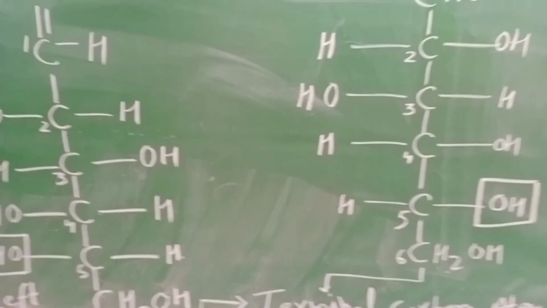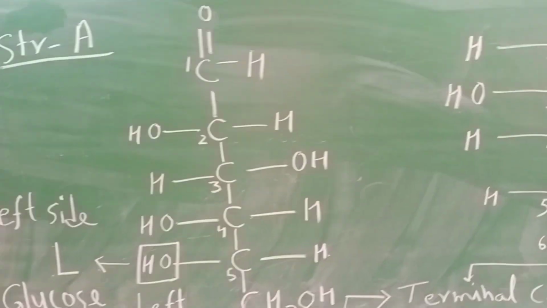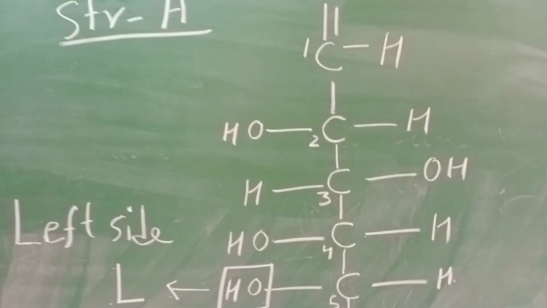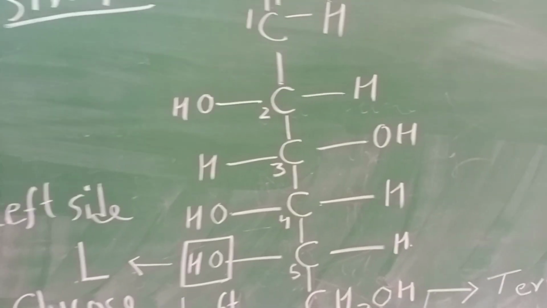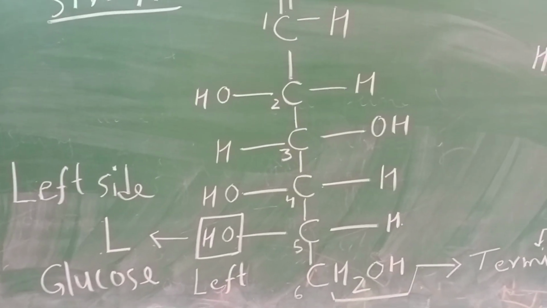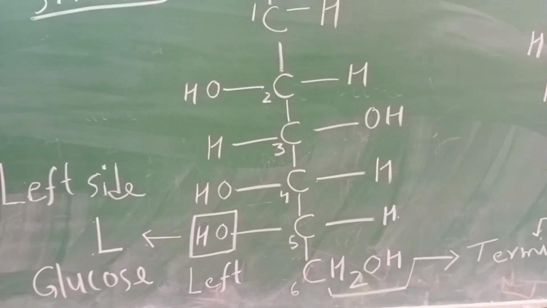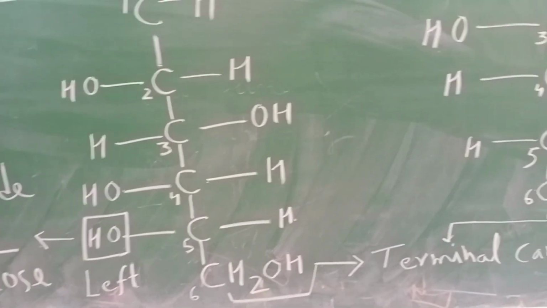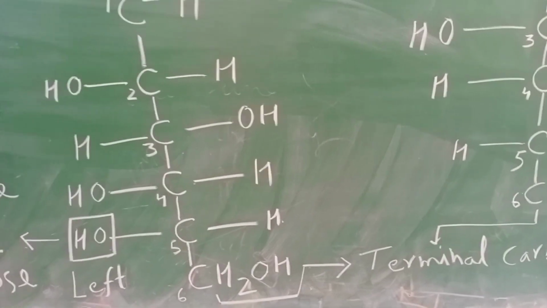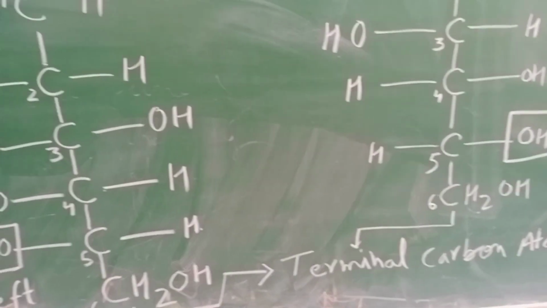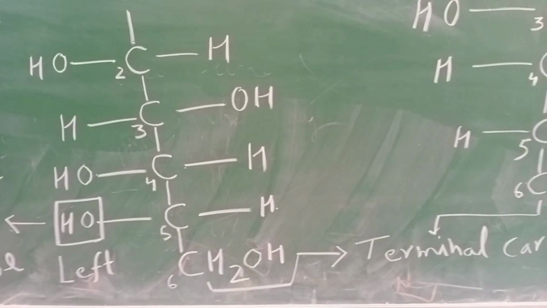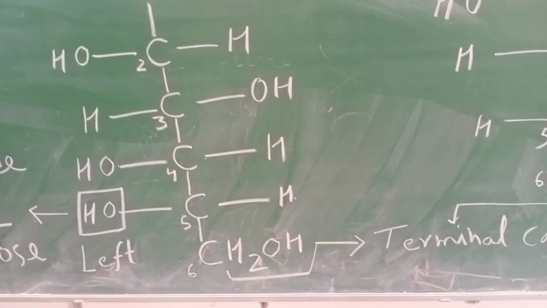So in order to determine both these isoforms, the D form and L form, it is important to know the orientation of the hydroxy group present on the carbon adjacent to the terminal carbon atom in the molecule. What is the terminal carbon atom here? As you can see here, the terminal carbon atom means the carbon atom which is present at the last or the tail carbon atom.